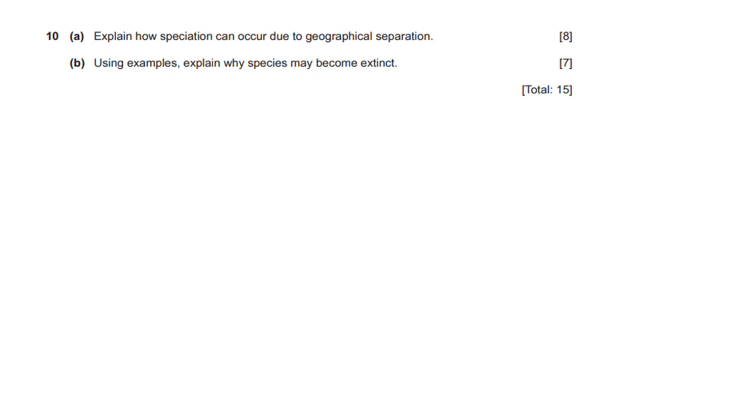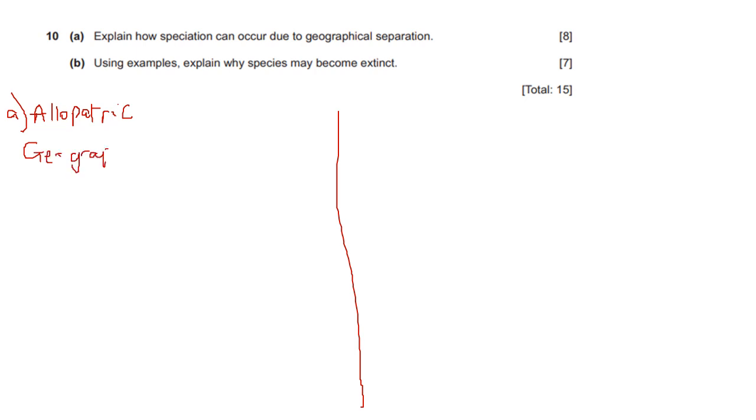First of all, you can just start by saying geographical separation leads to allopatric speciation. That's the technical term. What results in this is that a geographical barrier exists between two groups of a population. It's the same population at first, but then something separates them.